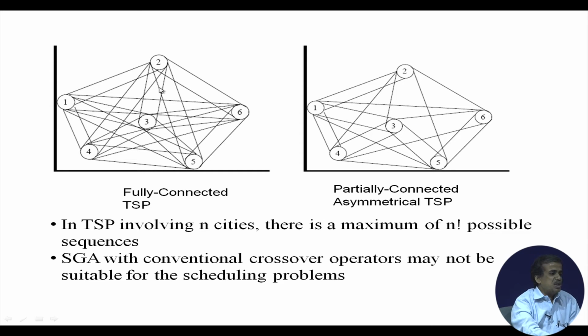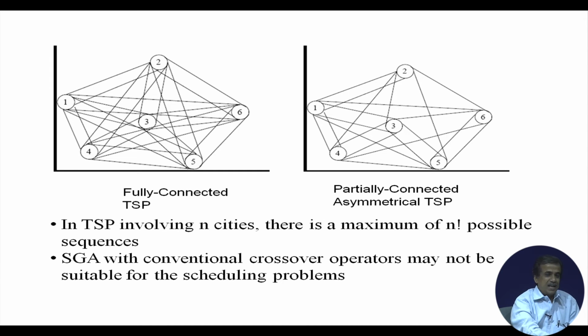Now, here you can see between any two cities, say city 2 and city 6, I have got one path here 2 to 6, another path from 6 to 2. So, any two cities are connected in both the ways, and that is called the fully connected TSP.